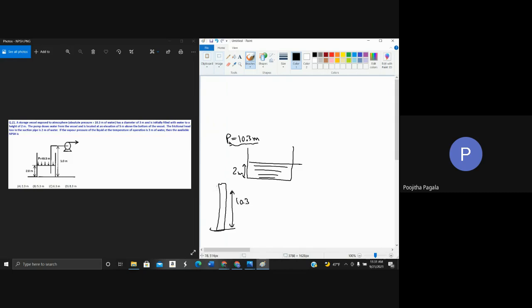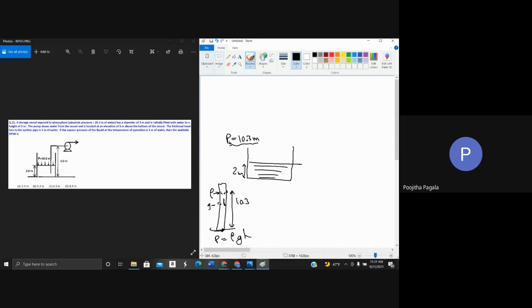So if you know density to be 1000 and g is 9.8, you can calculate the pressure at this point using rho g h. So this is nothing but another way to express the pressure at a point in terms of height of a liquid column.